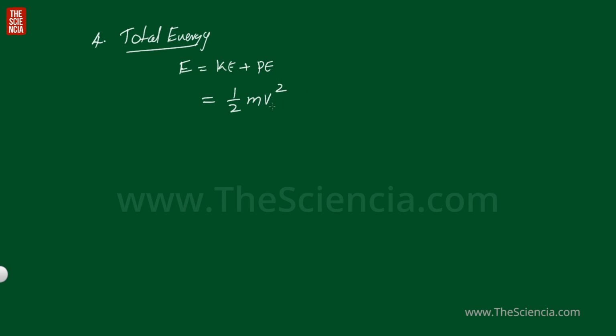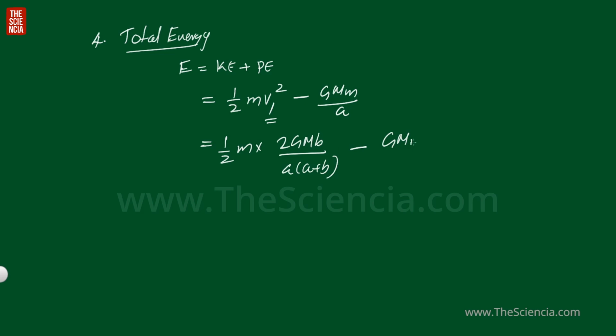Here I am taking v1 square, and potential energy is minus GMm by a, because when v is v1, the position or the distance will be a. And we know the value of v1 square, that is equal to 1 by 2m into 2GMb by a into a plus b minus GMm by a.